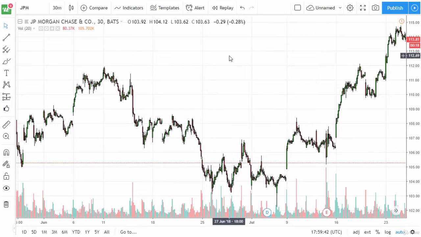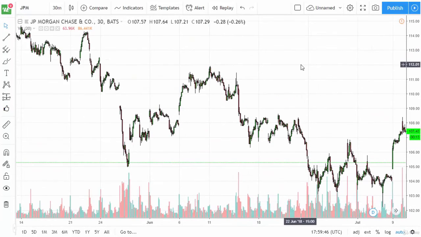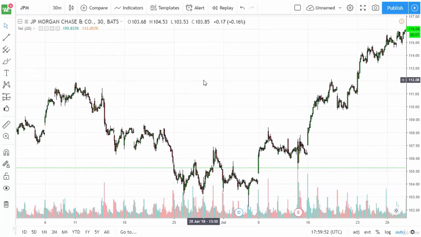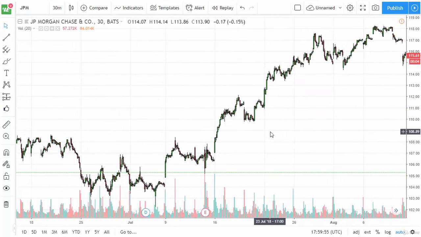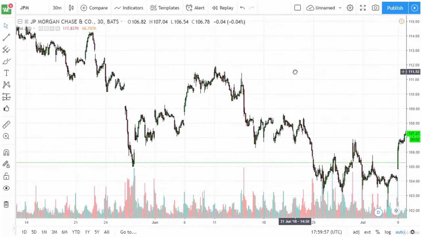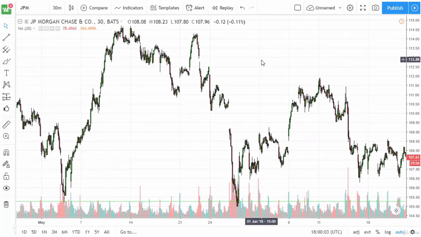Another thing that you may want to keep an eye on is occasionally you will see a triangle that doesn't work out. In other words, an ascending or a descending triangle that fails. It goes in the other direction. Quite often that's a reversal of the trend, longer term or short term, depending on the chart, but it shows you that something has fundamentally changed with the attitude of the market.